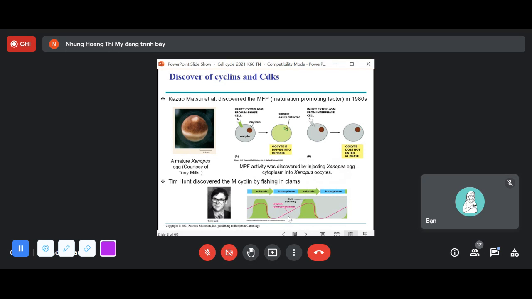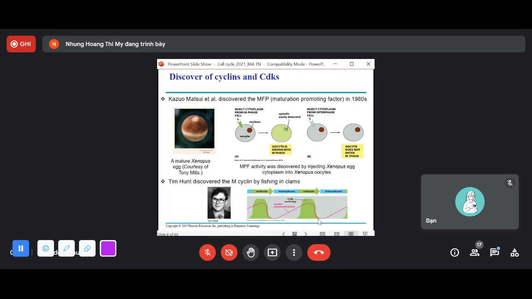In fact, the concentration of the M cyclin starts to increase at the end of the S phase, during the G2 phase, and reaches its peak in the M phase, and then they rapidly decrease at the late M phase.